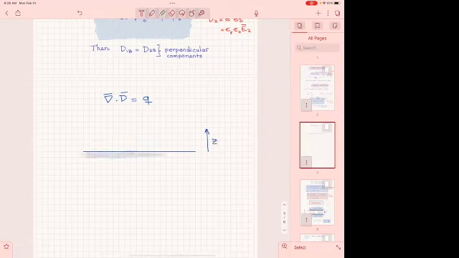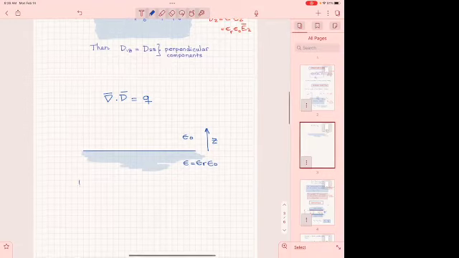Let's assume for a moment that my field varies only along the Z direction, and that this is air, and this is epsilon, the dielectric. Let's assume for a moment that D is only a function of Z.